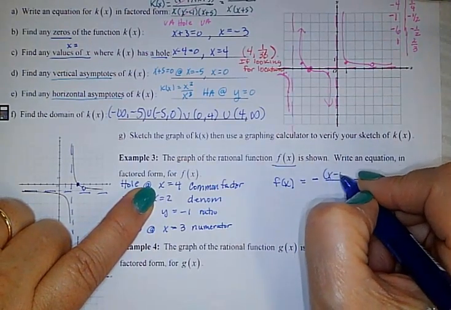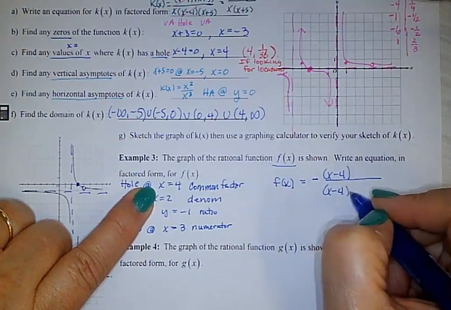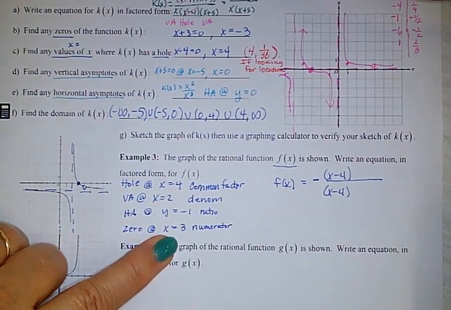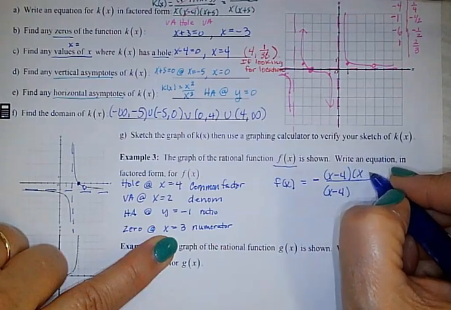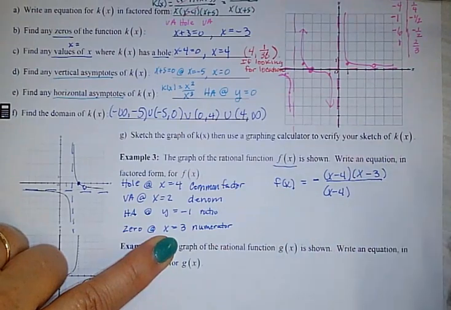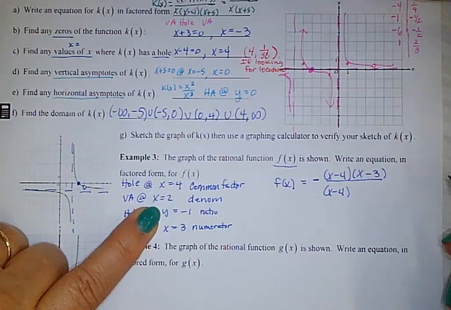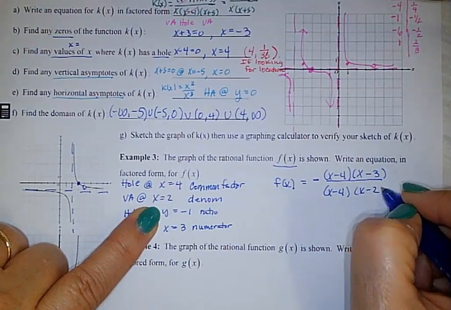So I'm going to have x minus 4 in the top and bottom because that has to cancel out to create that hole. And then I need to go in the numerator for my 0. So that's going to be x minus 3. And then I have a VA in the denominator. So that is going to be x minus 2.